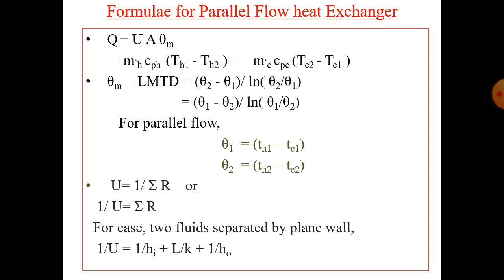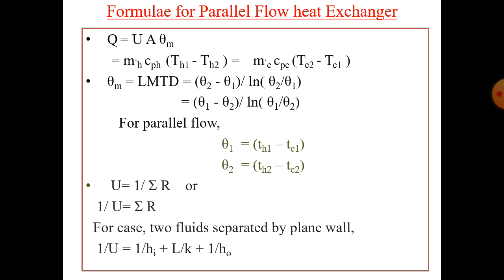Once again I repeat that we need the formula Q is equal to U into A into theta m, which can also be written as m dot h Cph into (Th1 minus Th2) is equal to m dot c Cpc into (Tc2 minus Tc1). Theta m, that is LMTD, formula is (theta 2 minus theta 1) upon ln (theta 2 upon theta 1), which can also be written as (theta 1 minus theta 2) upon ln (theta 1 upon theta 2).